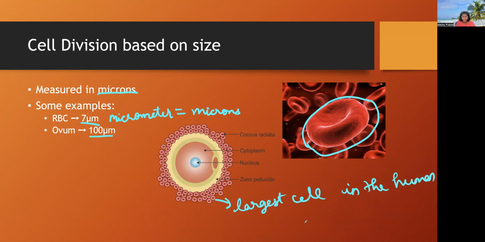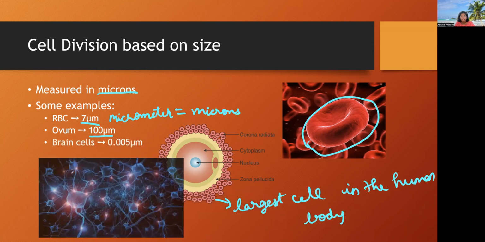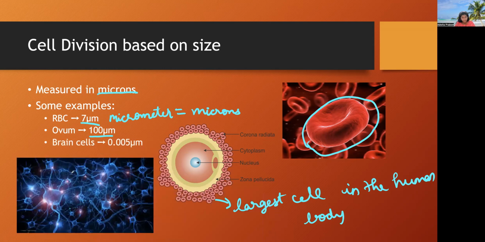Very interesting. And the next one is brain cells. That is 0.005 micrometers. And a fun fact about this as well, this is the smallest cell in the human body.